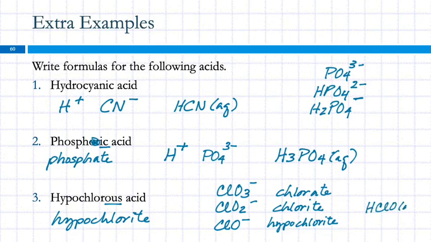So if it was ClO4, it'd be, yeah, so ClO4 minus is perchlorate. And so we could make an acid with all of these. This would be perchloric acid, chloric acid, chlorous acid, and hypochlorous acid. Any questions?